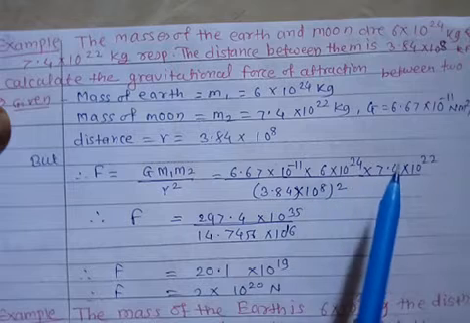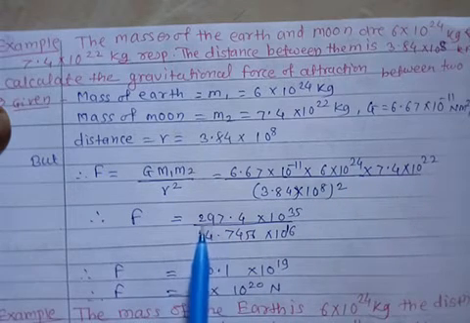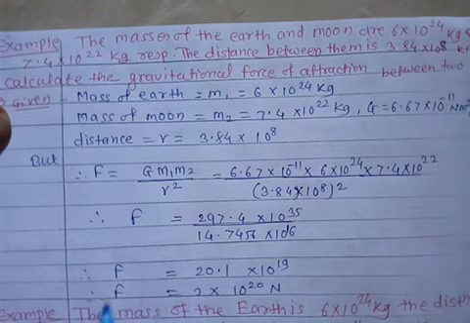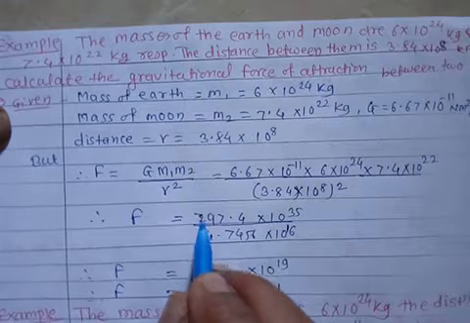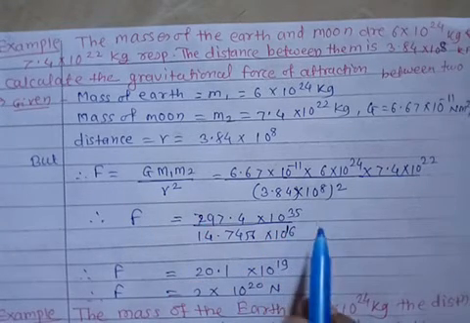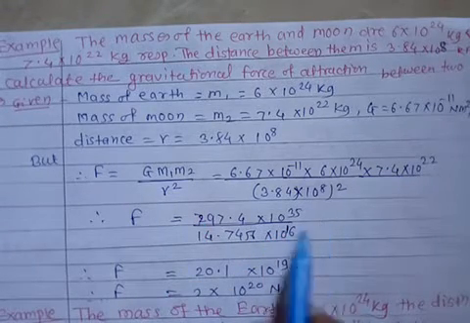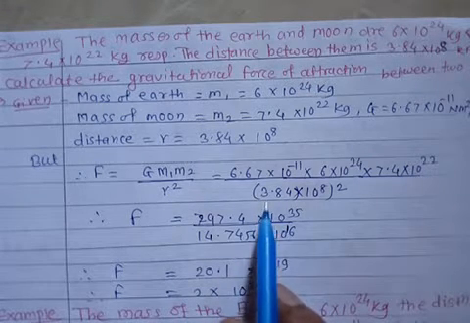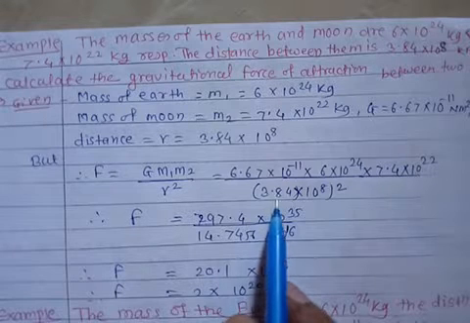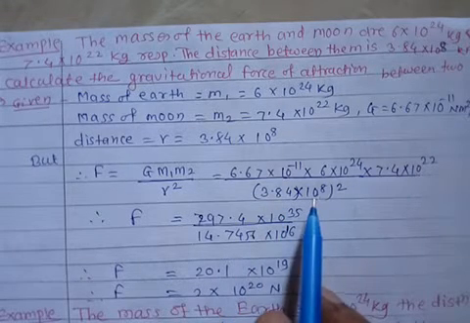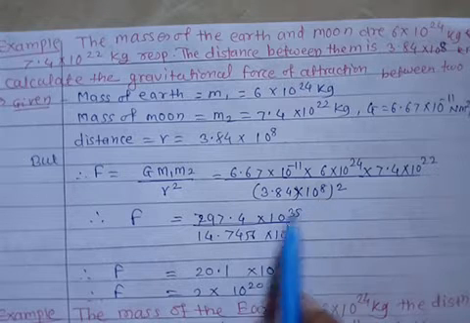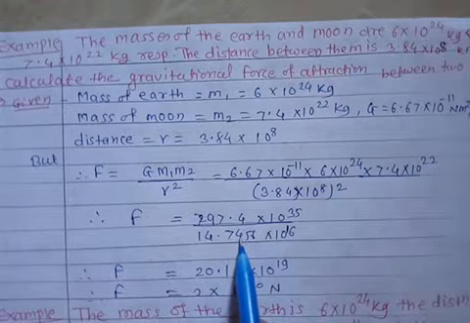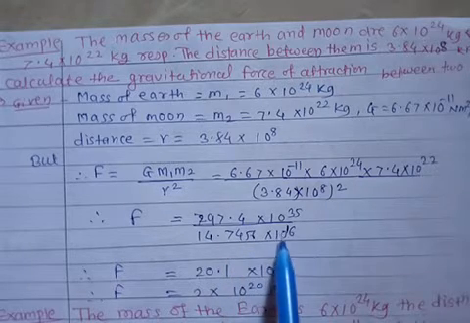6.67 into 6 into 7.4, its multiplication is 297, that is 297 into 10 raised to 35. And here is the square of 3.84 into 10 raised to 8, which will be 14.7456 into 10 raised to 16.